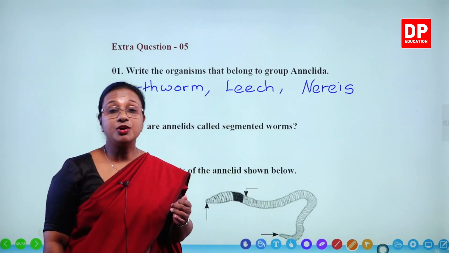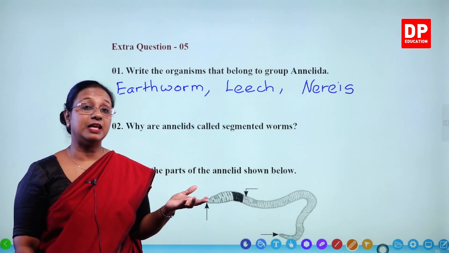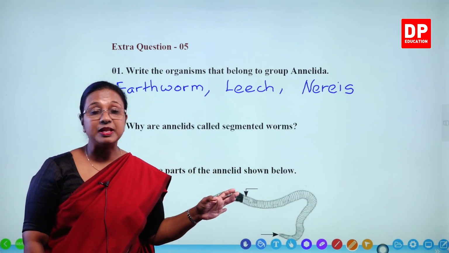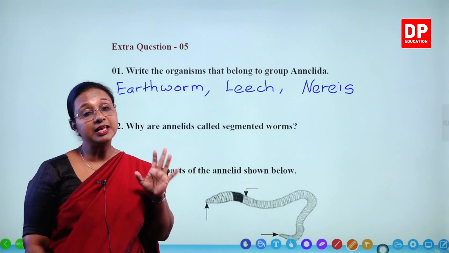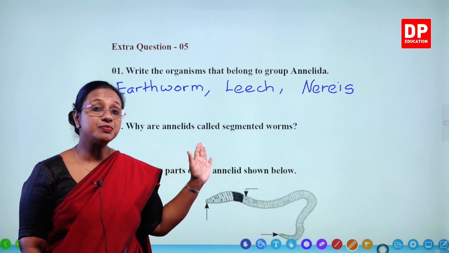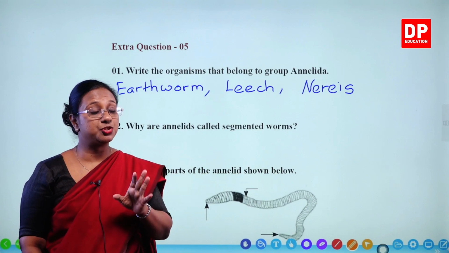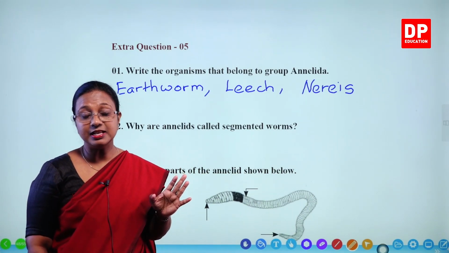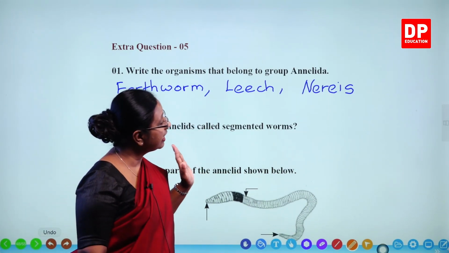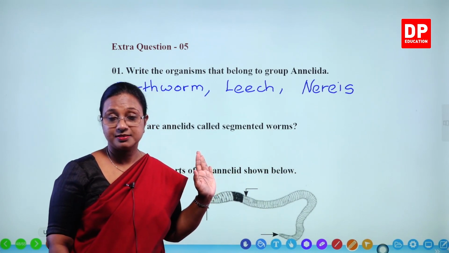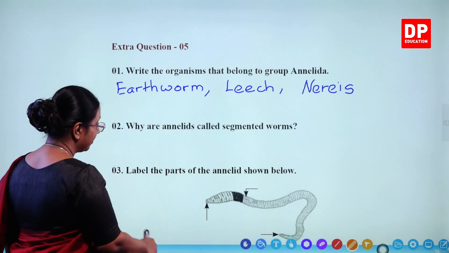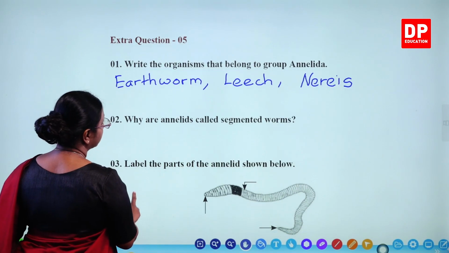So Nereis, you all know, is the scientific name. Normally it is printed in italics. There are rules for writing scientific names which we have not discussed yet. So we will just write the example as Nereis. So with that, I will move on to the second question.